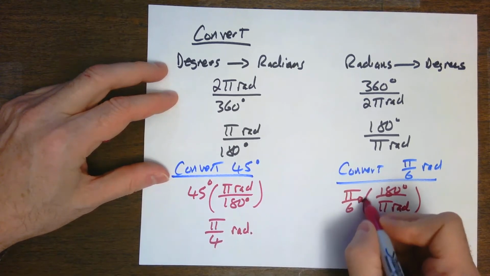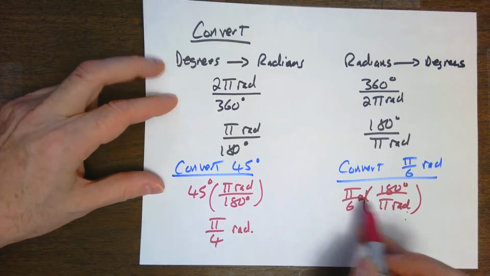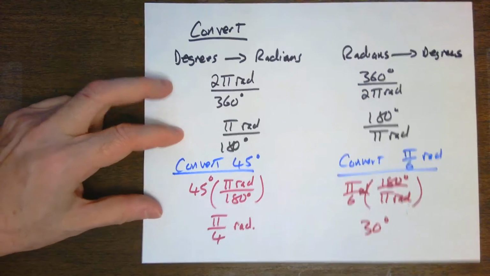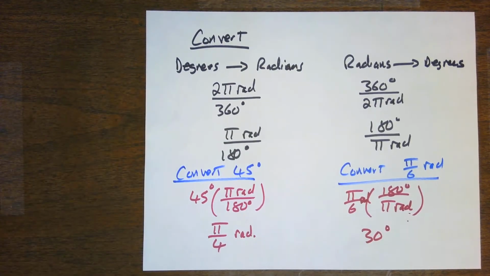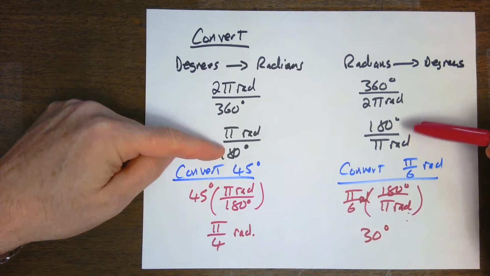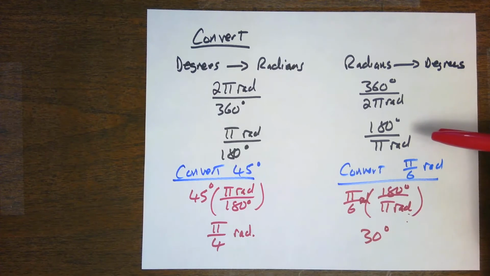This is in radians, by the way. So the radians will cancel, so will the pi's. And I get 180 divided by 6, which is 30 degrees. So here are my unit conversions: either pi over 180 if I'm going degrees to radians, or 180 over pi if I'm going from radians to degrees.